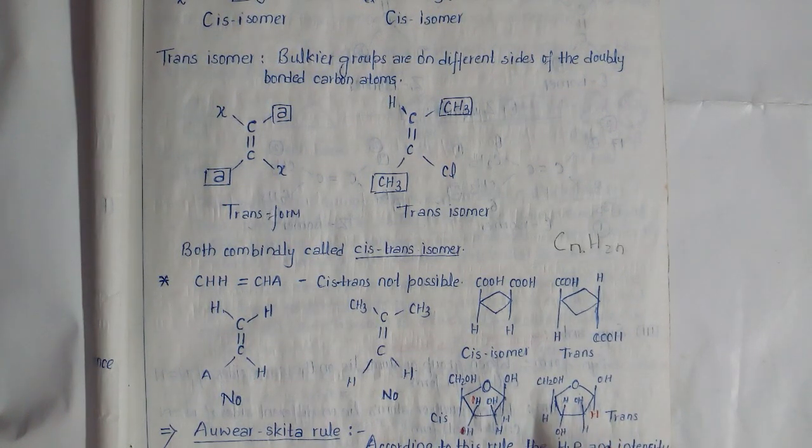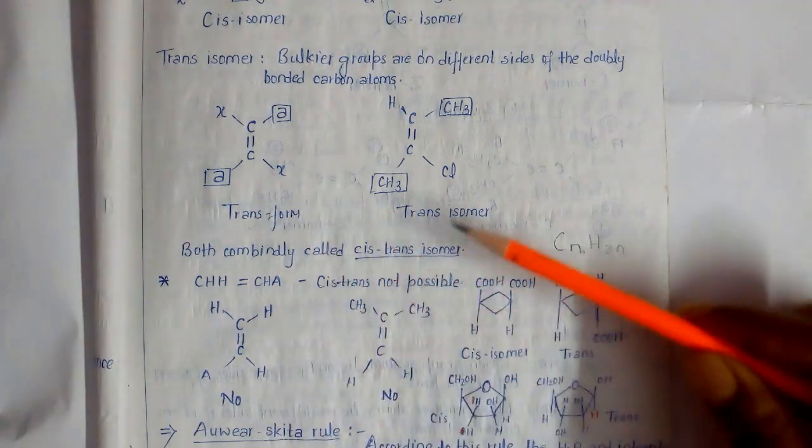There are three basic types of questions related to cis-trans isomerism. First, which molecule shows cis or trans isomers? Second, which molecule does not show cis and trans isomers? And third, identify from the given options which one is the cis and which one is the trans form. From these examples we can already understand what types of questions can be asked in examinations.